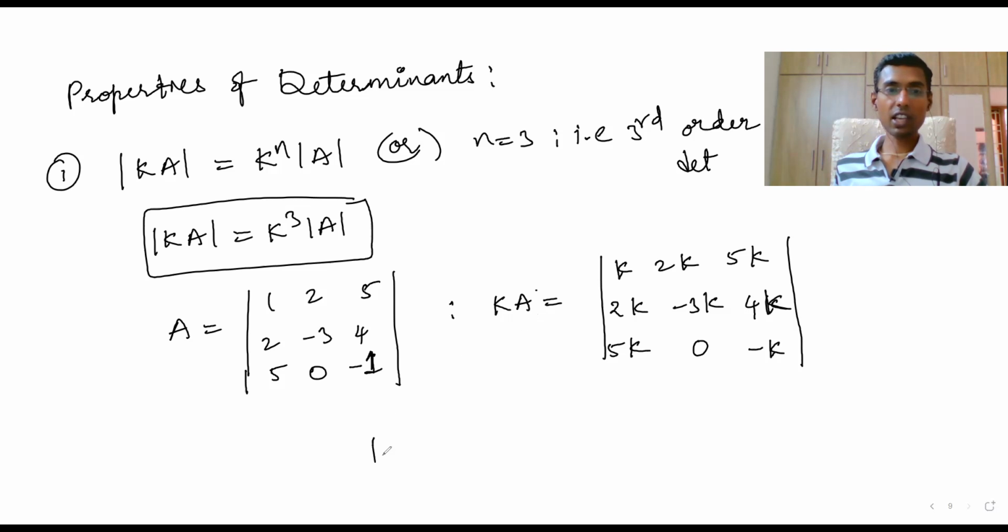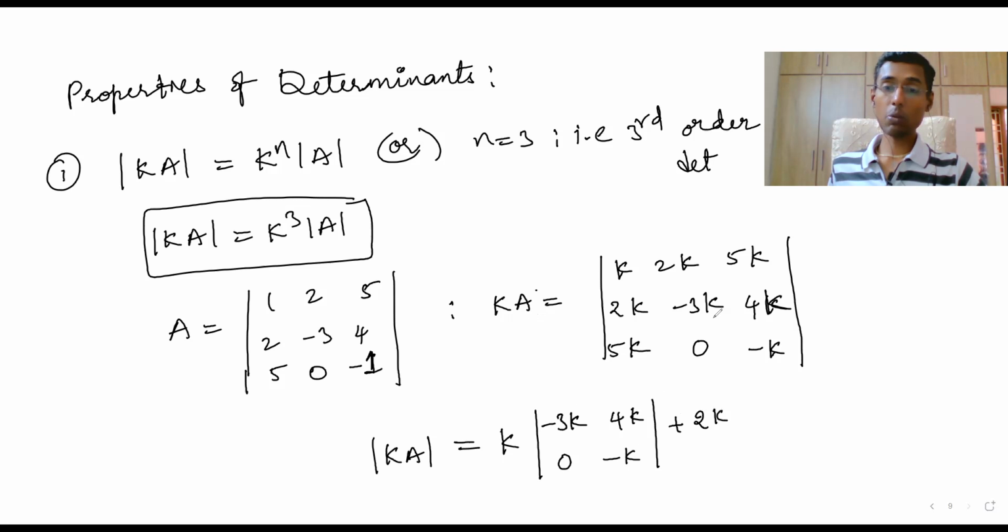But det of kA, you understand, is k into its cofactor. Its cofactor is the determinant obtained by removing that row and that column: 4k, 0, minus k. Plus 2k into its cofactor; here you get minus, because of minus 1 to the power of first row, second column.